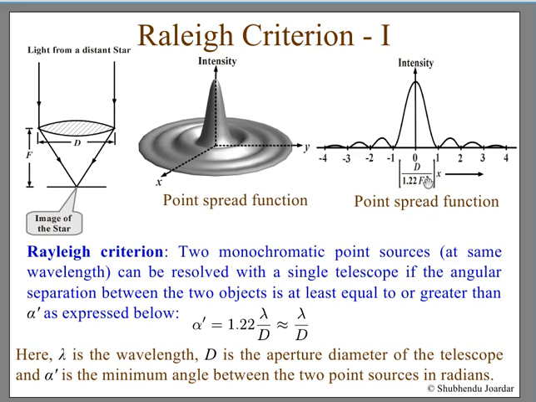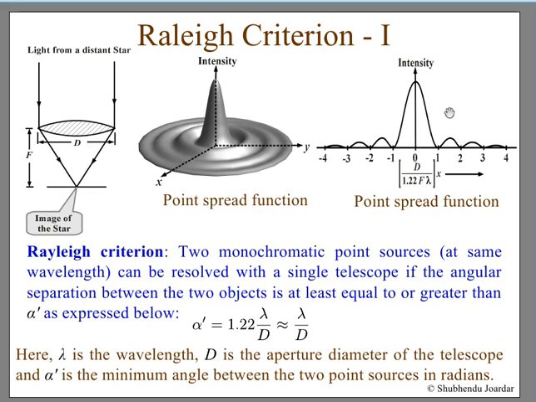Now, if you want to observe another point object using this system, you will be able to distinguish between the two, provided they are a certain distance apart in this plane.